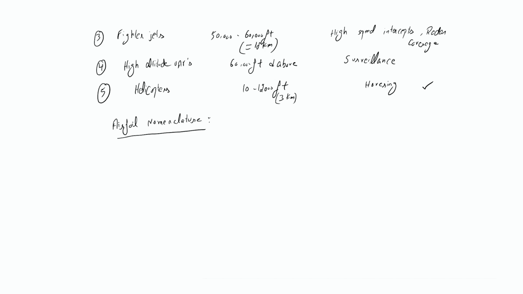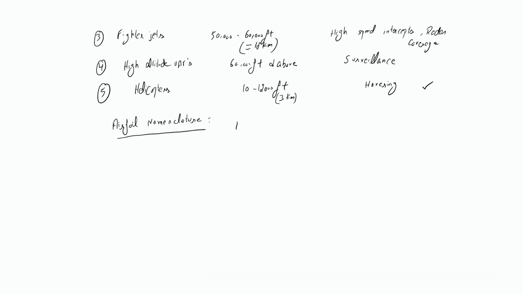So prior to 1930s, there was no systematic approach in creating or assigning a proper nomenclature to the airfoil. So then came the contribution of NACA, that is National Advisory Committee for Aeronautics. Let me just write down the acronym for this that you should know. NACA.